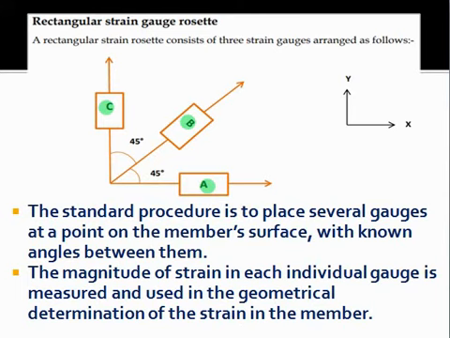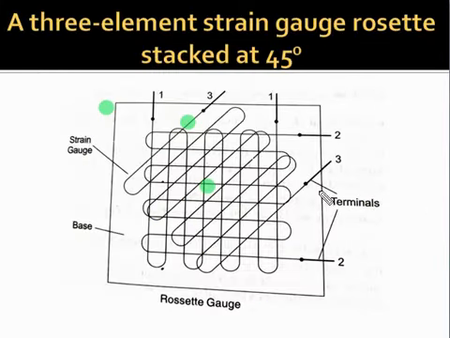Okay. Now the next thing is what the rosette looks like. So this is the actual diagram which has 45 degree angles between 3 different strain gauges. Number 1 strain gauge, you can see, is in the vertical direction.